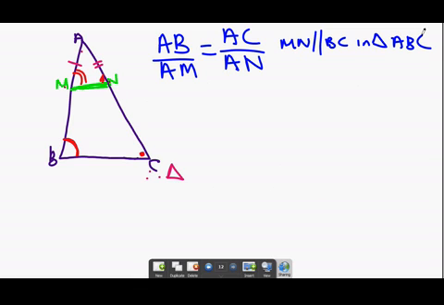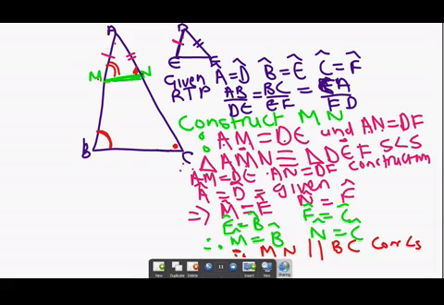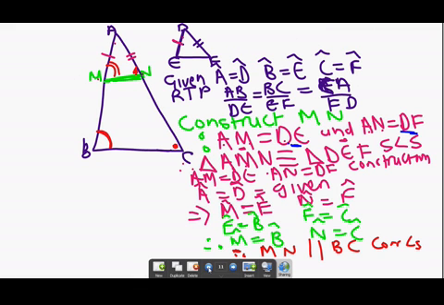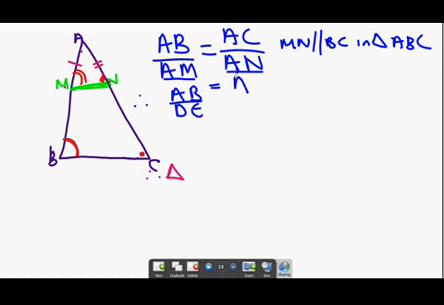Now, remember our AM and our AN. If we go back, our AM is DE and our AN is DF. If we come here, therefore AB over DE is equal to, and the other side is, AC over DF.